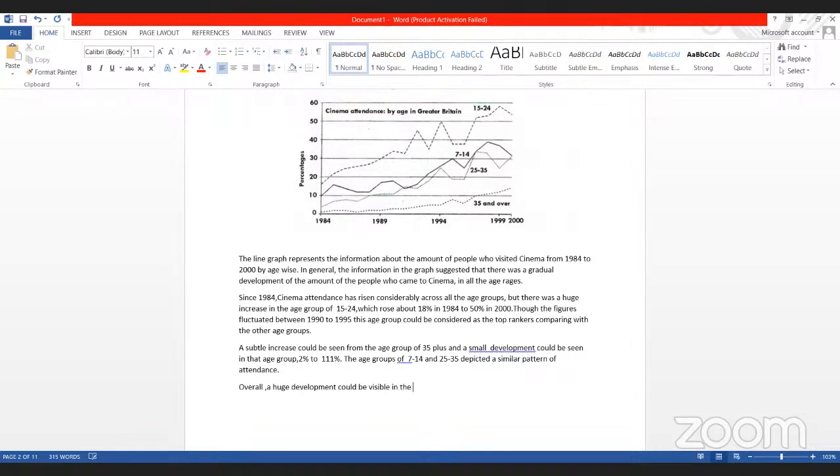Visible in the amount of cinema attendance from 1984 to 2000.